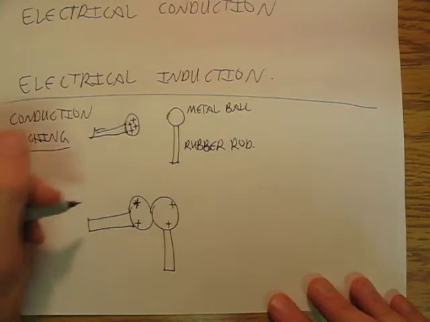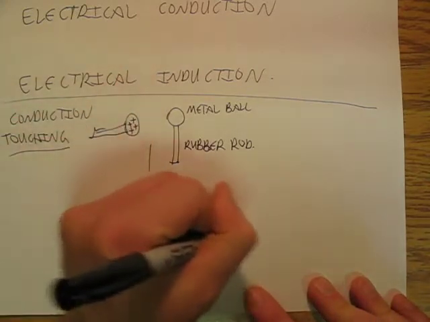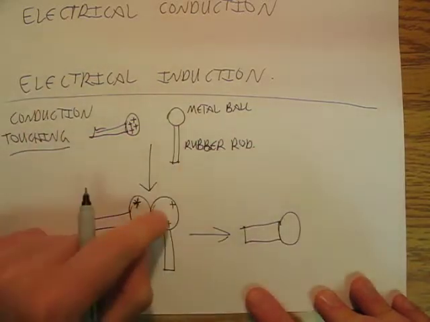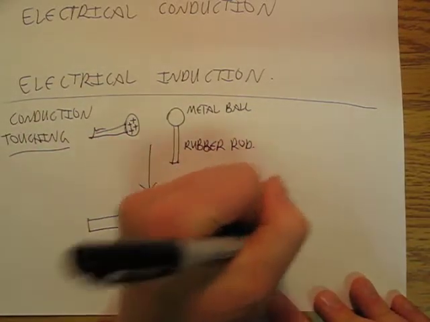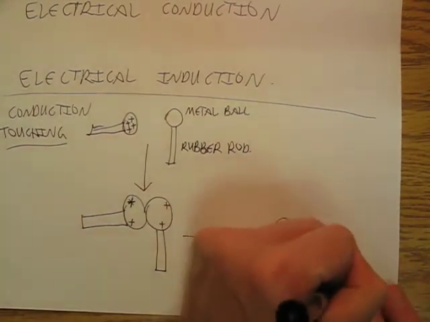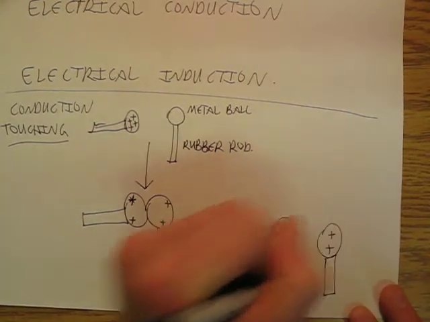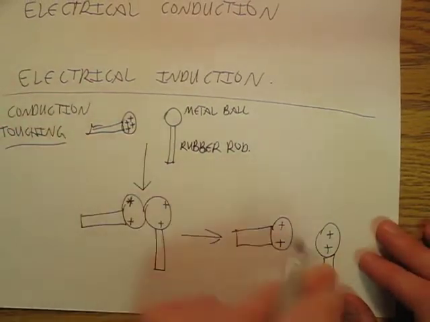And when I bring them apart, these electrons aren't going to say, hey, the boat's leaving, we gotta go. They're just going to hang out here. And so now I bring them apart.